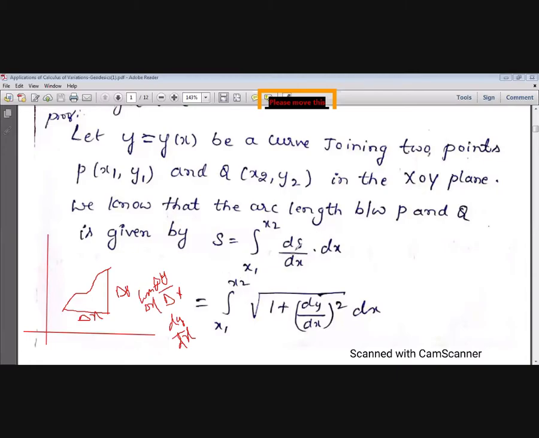We will use ds by dx in three problems. So ds by dx, again this is the formula: ds by dx is root of 1 plus dy by dx whole square. This formula you have to remember.